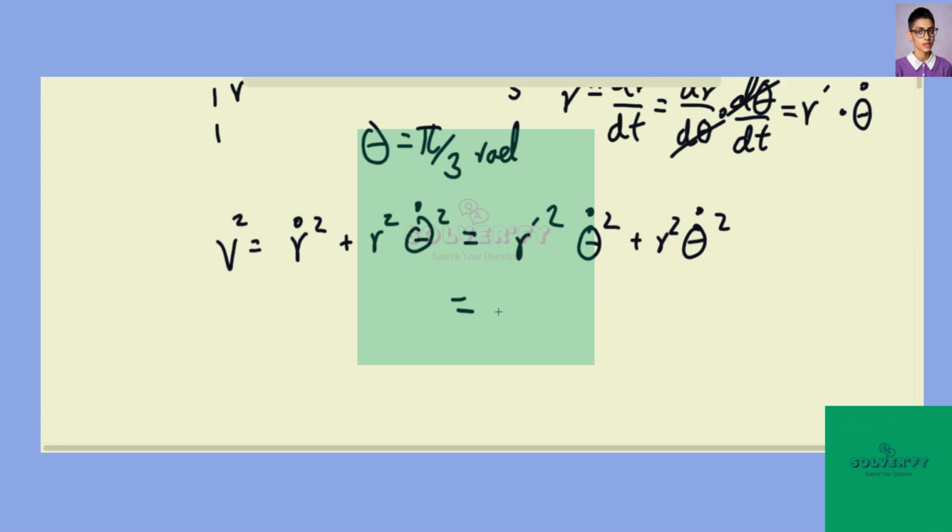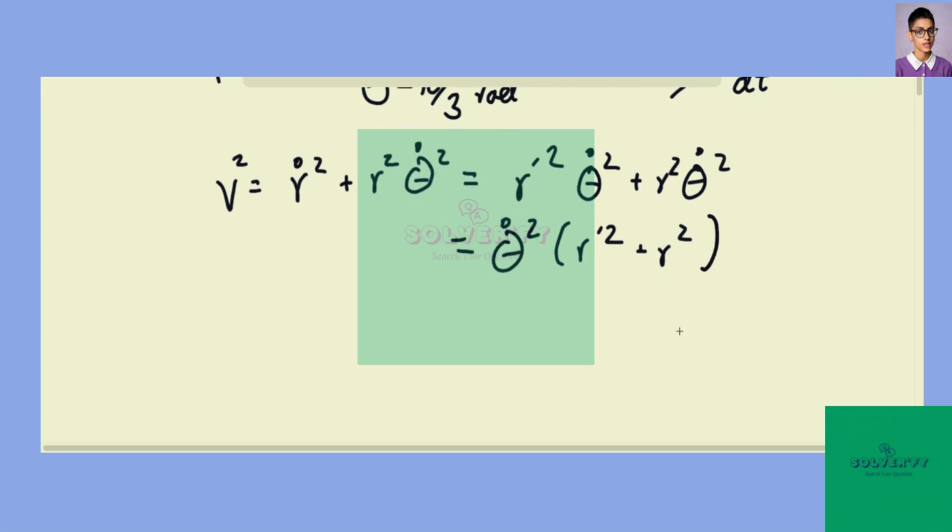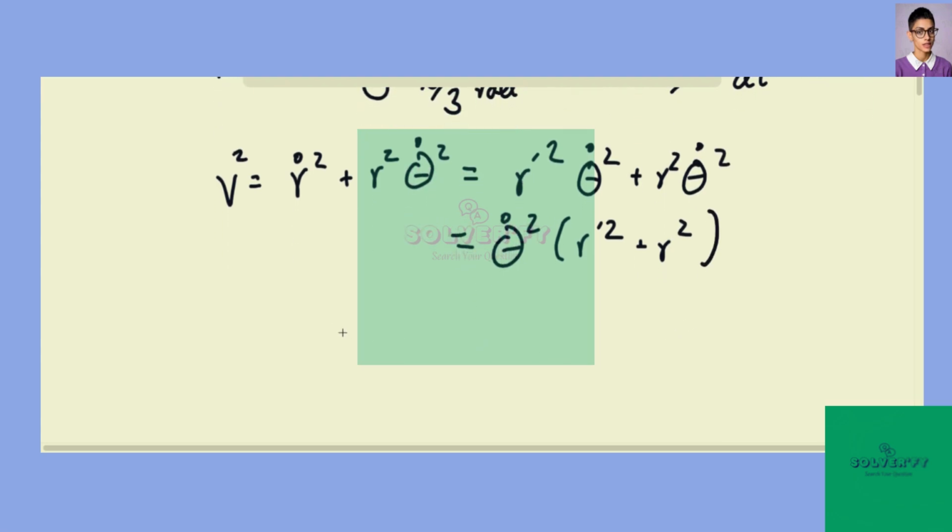And we can factor that theta dot squared out, r prime squared plus r squared, to find that theta dot is just equal to v over square root of r prime squared plus r squared.